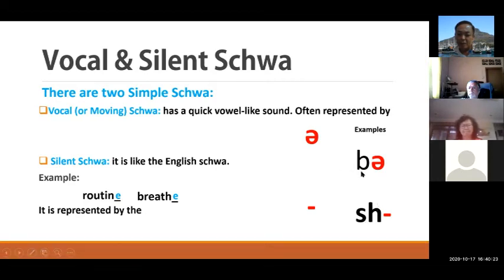Like you have a beth with the vocal schwa, it's be, and then you have shin with the silent schwa, then you transliterate it as sh with a dash here.